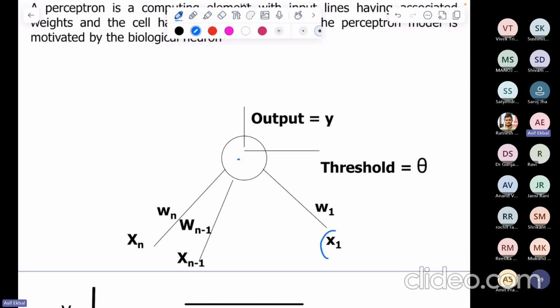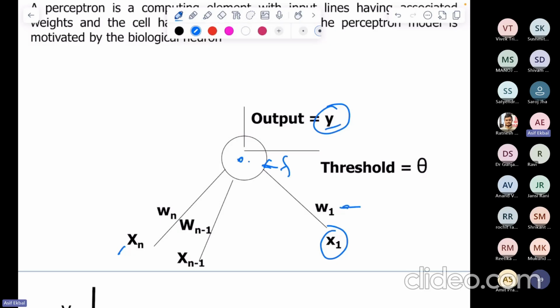There are certain inputs like X1, X2 to Xn. All these inputs are accumulated at this point. You are doing some kind of operation. Let's say f is a function, some operation you are doing, and then you are producing some kind of output. And W1 to Wn are the different weights.